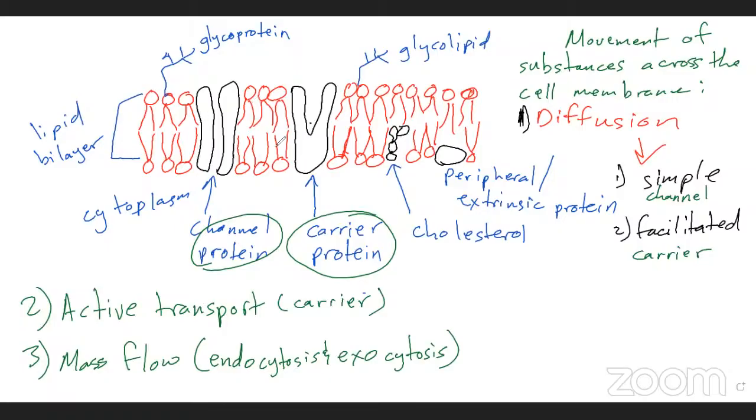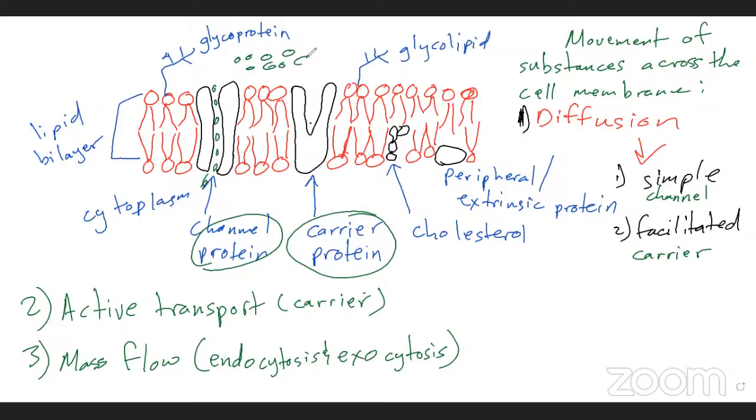All right. We're going to look now at how the carrier protein works. We don't need to look at the channel protein. Reason being, the molecules will just flow through the channel. As the name suggests, it is a channel. Just imagine the molecules sliding through it. Remember, diffusion is from high to low.